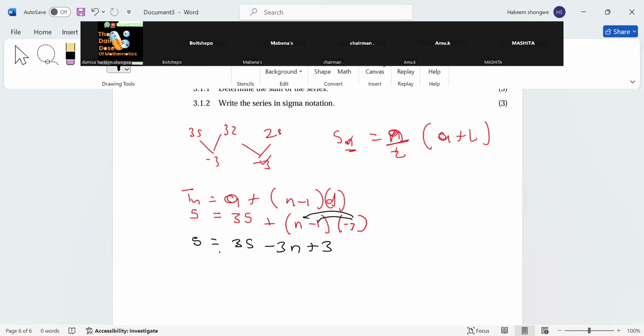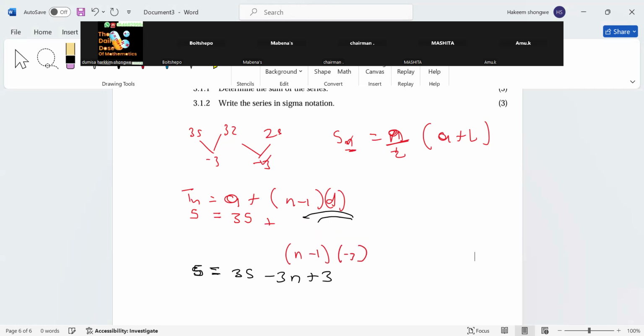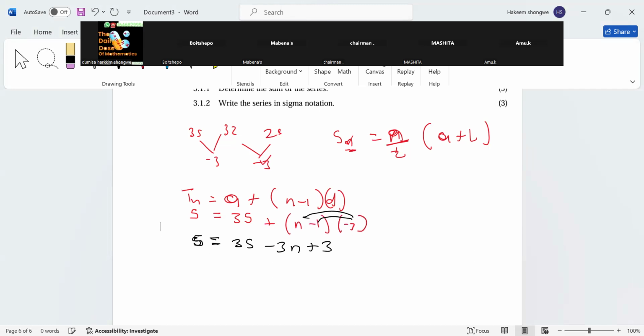Nothing at all. Mpumi, I'm waiting for you to tell me if you can see now. I've written with a black pen. I don't see. Maybe it's my network.